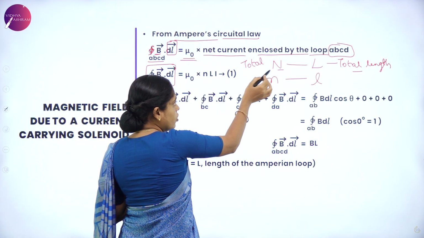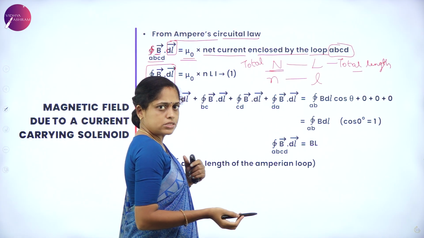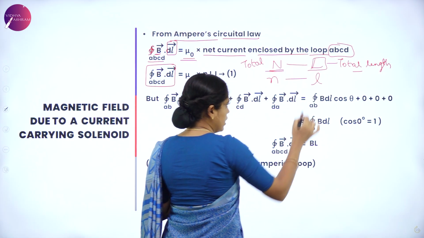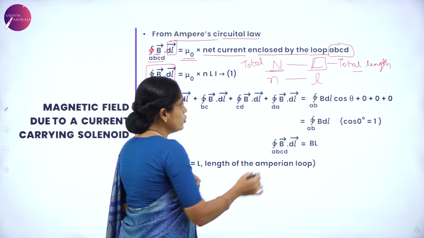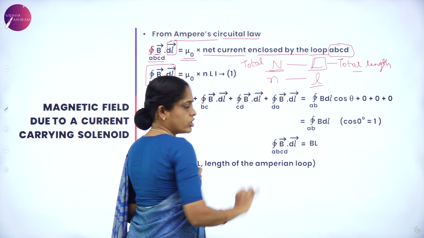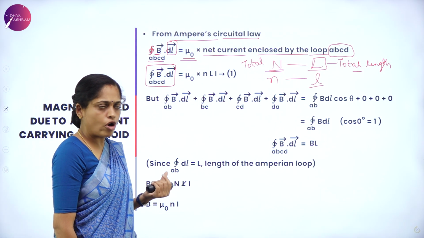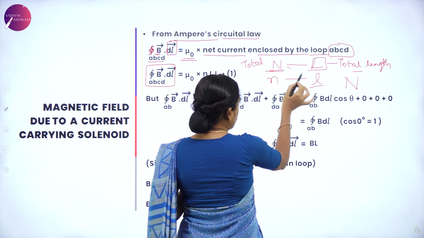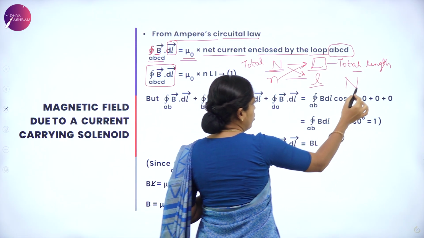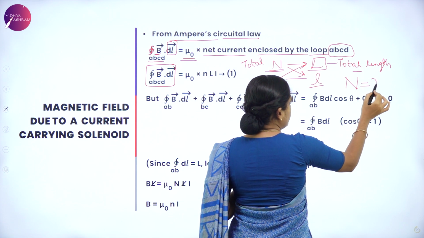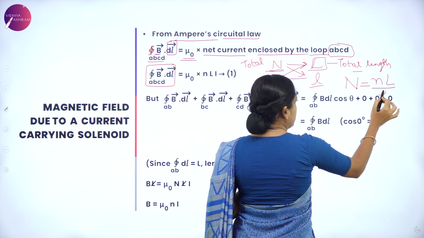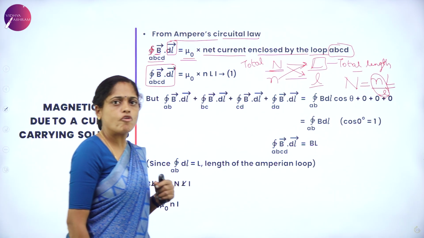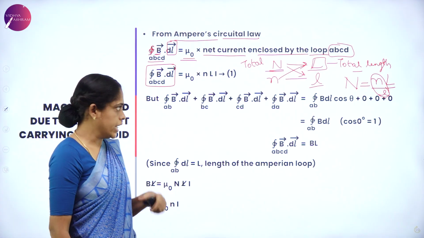So remember, capital N represents the total number of turns for the total length L. For per unit length, the number of turns let us consider as small n. Now, what is the total number of turns? Just cross multiply and find N. n is equal to N by L, where N by L is nothing but the number of turns per unit length.